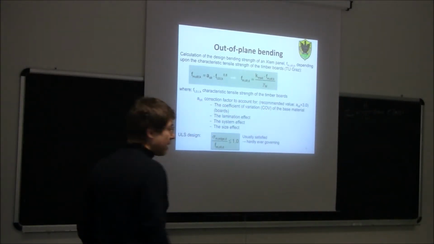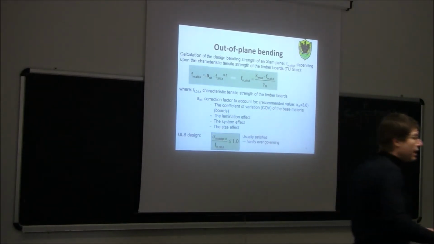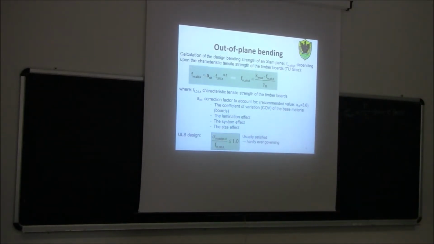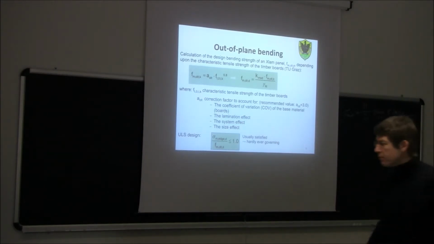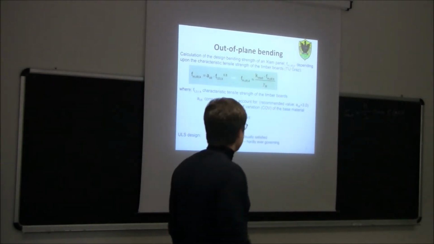Now I have to say that for the time being, if you look into Eurocode 5, you won't find any information about CLT, because CLT is a relatively new product, and when Eurocode 5 was published, it was not used at the time, it was used very seldom. So in Eurocode 5, and also in the Italian regulation, I would say, also in the CNR, you won't find anything about CLT.